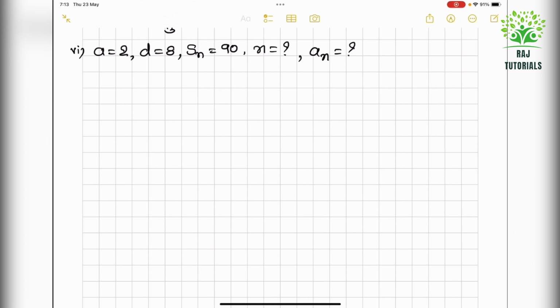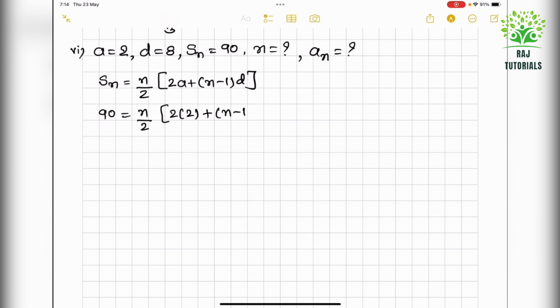So as we know, Sn equal to n by 2 into 2a plus n minus 1d. So putting the values, 90 equal to n by 2 into 2 plus n minus 1 into 8.